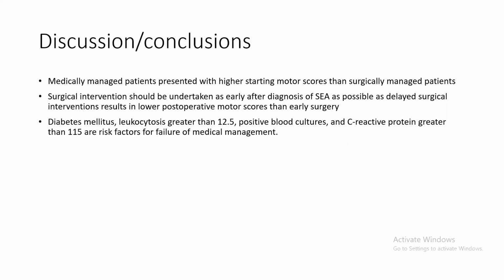I think that's what these authors are advocating: if somebody's going to eventually need surgery, early is better than waiting until their motor function declines. So this is helpful in identifying patients who are at risk for failing medical management. I think that's the value of this article.